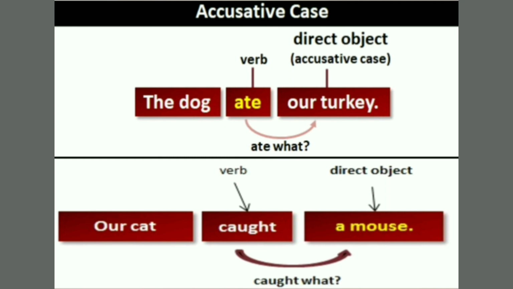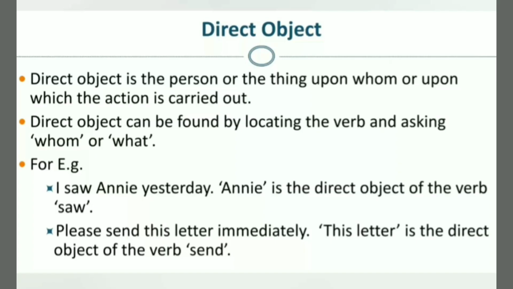Let's understand in detail what direct object means. Direct object is the person or the thing upon whom or upon which the action is carried out.